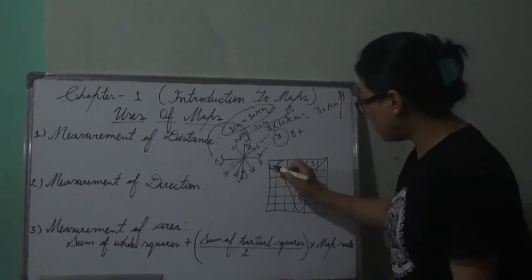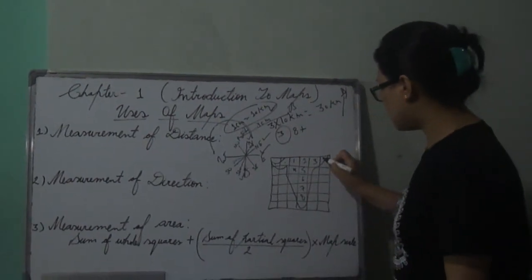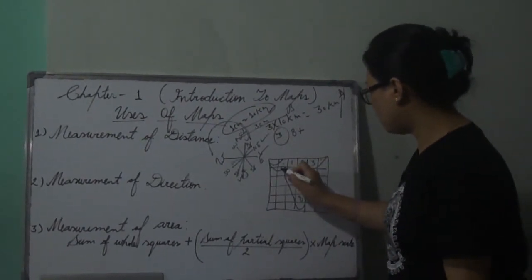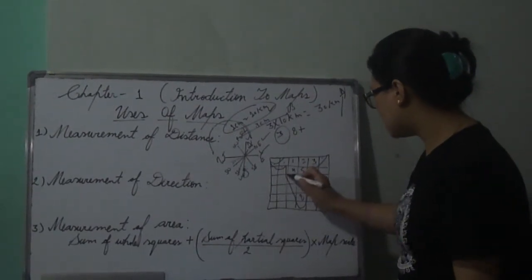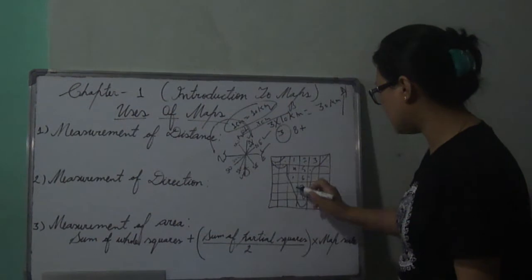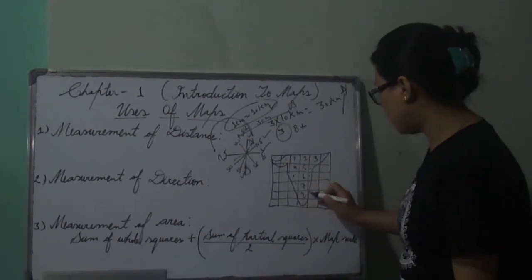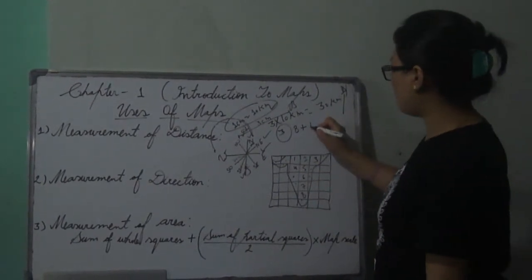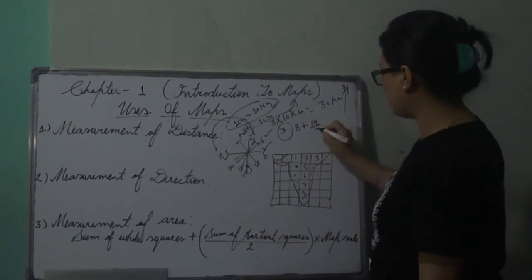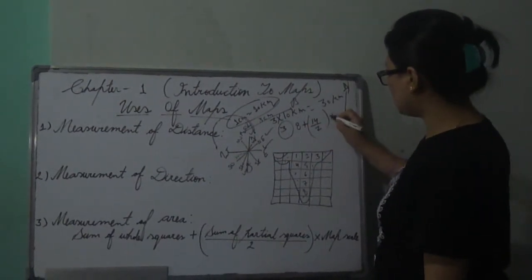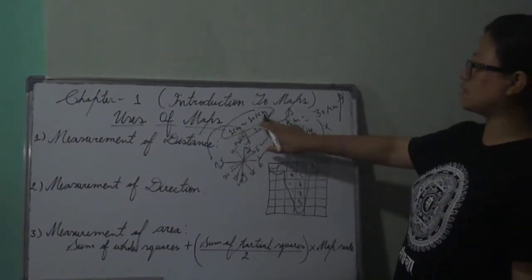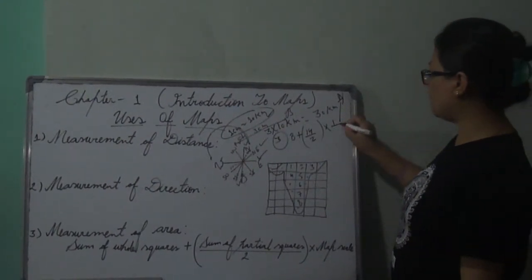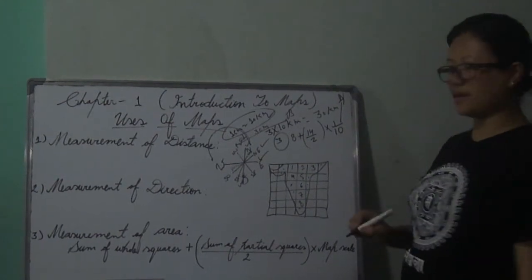So partial we have 1, 2, 3, 4, 5, 6, 7, 8, 9, 10, 11, 12, 13 and 14. There are 14 partial squares divided by 2, and into our scale. Max scale is 1 centimeter represents 10 kilometer, so we will just write 1 divided by 10.